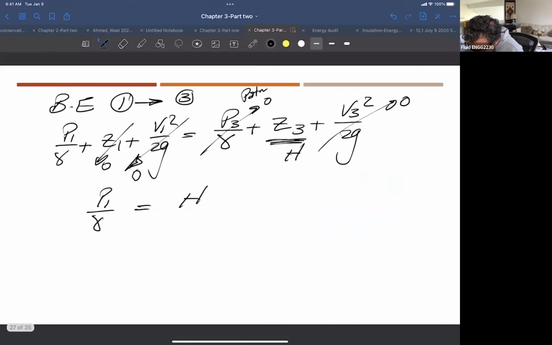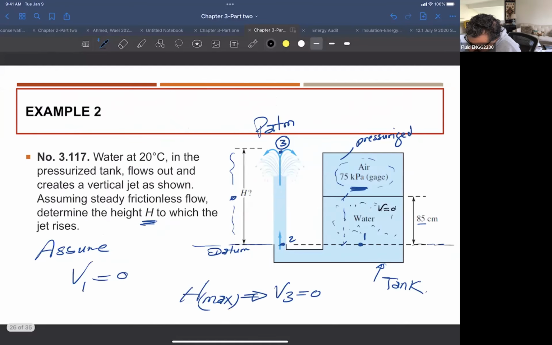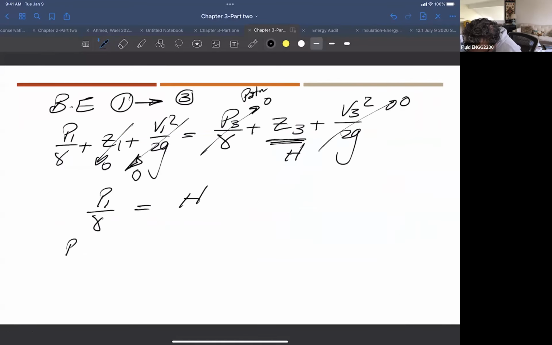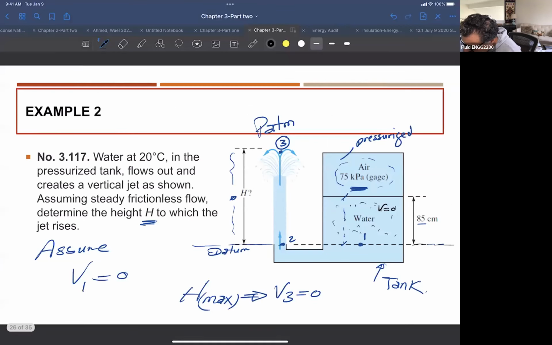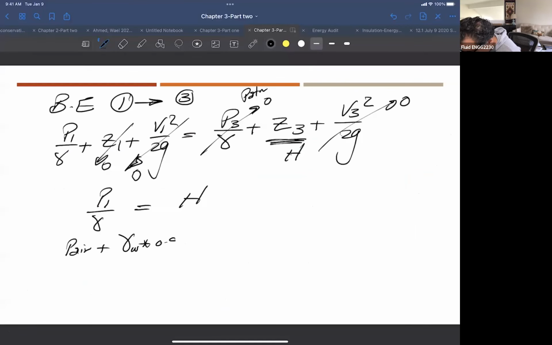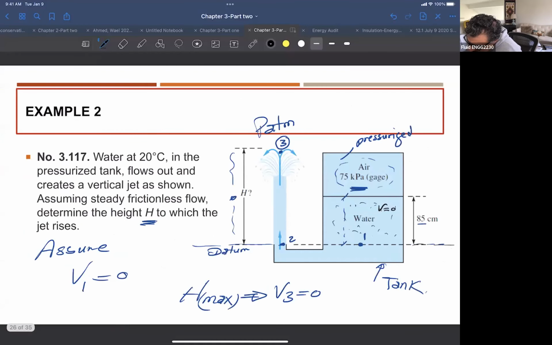So P1 over gamma, where P1 here is the pressure of the air, P air, plus gamma of the water times H here is 0.85, and gamma water is equal to H, right? P air here is 75 kilopascal. Remember to make sure that the units are all correct.